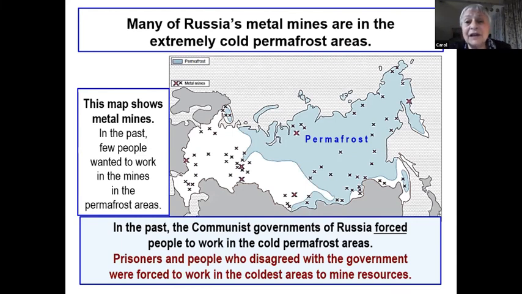They left, but they left all their relatives behind, and their relatives were all sent to work in the permafrost. Basically, lots of prisoners, people who disagreed with the government, people who were not the right ethnicity were forced to work in the coldest mine areas.